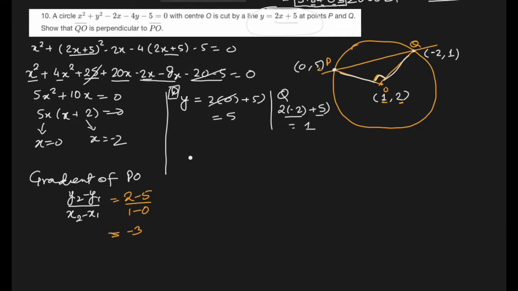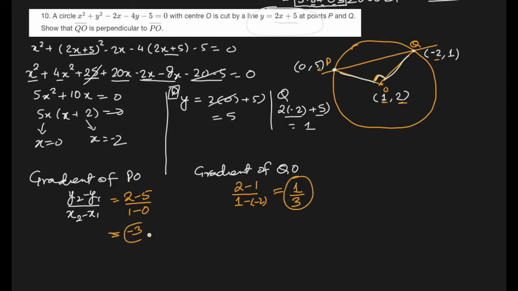Now the gradient of QO. QO will be again y2 minus y1 over x2 minus x1. Again I'll take 2 as y2. So 2 minus 1 over 1 minus 2. It is 2 minus 1 is 1, and 1 plus 2 is 3. So 1 over 3 and minus 3.